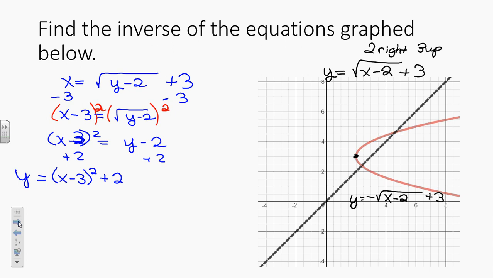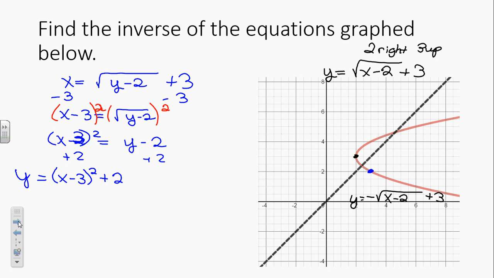Yep. So if I want to graph this, this is an x squared shifted where? Right 3, and so we go right 3 up 2. There's our vertex. A is 1, so it's not stretching it out or anything.